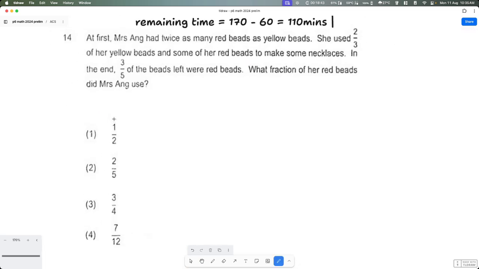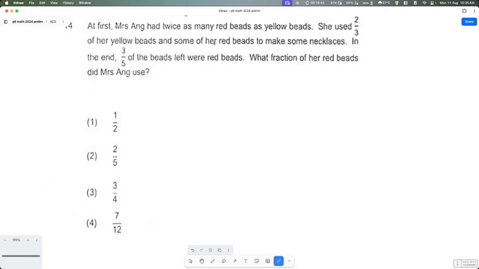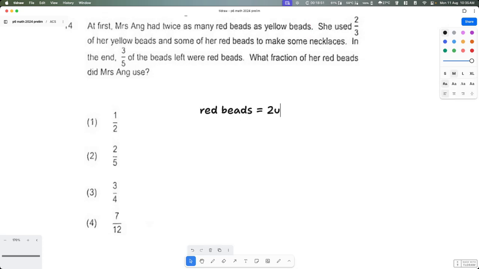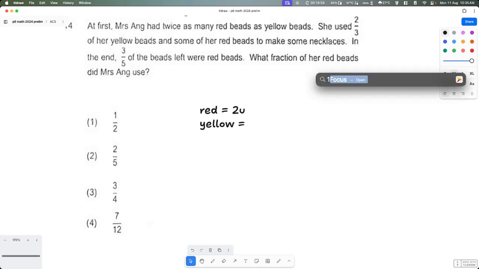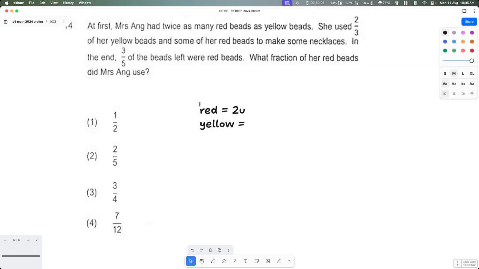So at first, Mrs. Ang had twice as many red beads as yellow beads. Twice as many, so red beads is equal to 2 units, and yellow is 1 unit. She used 2/3 of her yellow beads and some of her red beads to make some necklaces.